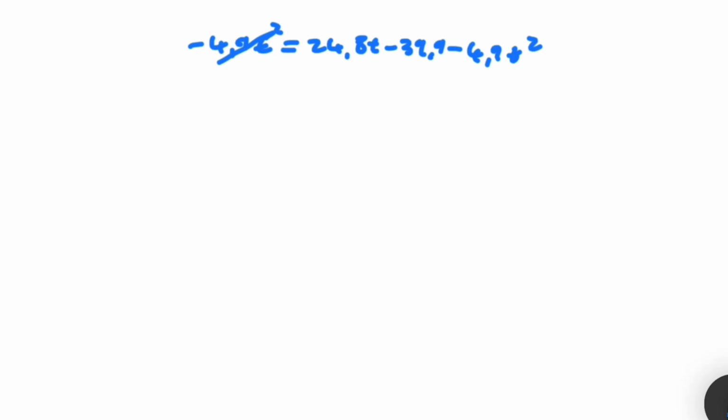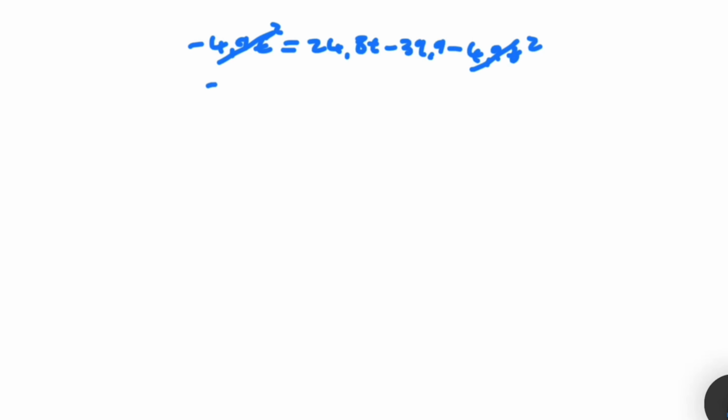If we do that, we're going to have minus 4.9 t squared being equal to 24.8t minus 39.9 minus 4.9 t squared. Obviously, minus 4.9 t squared and minus 4.9 t squared will cancel out when you take either to one side.